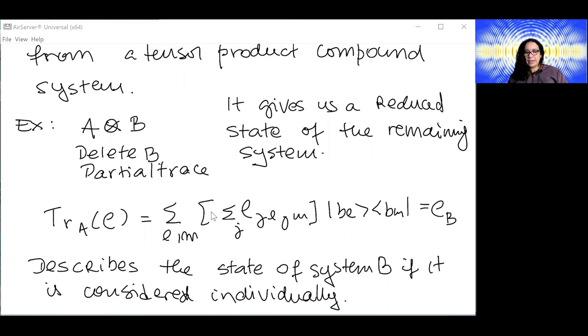and if you want to define it for the other subsystem, you just have to do the sum over the other degrees of freedom.